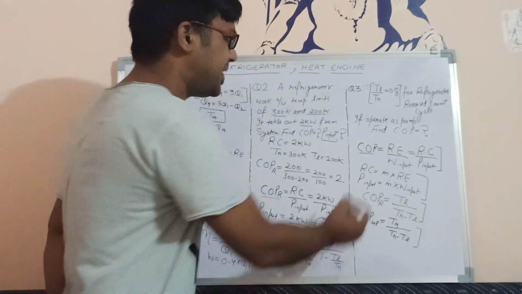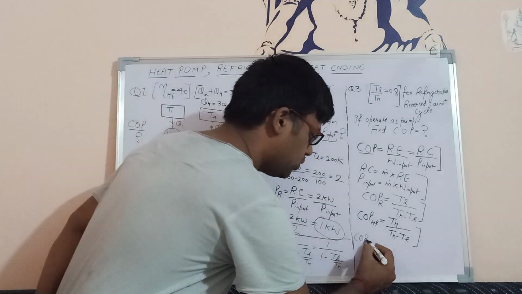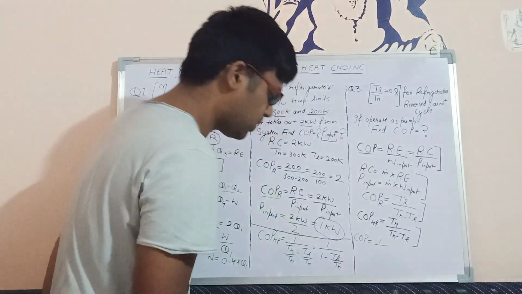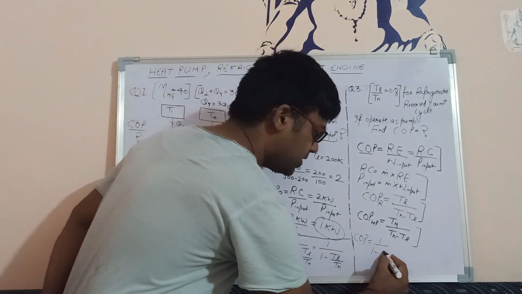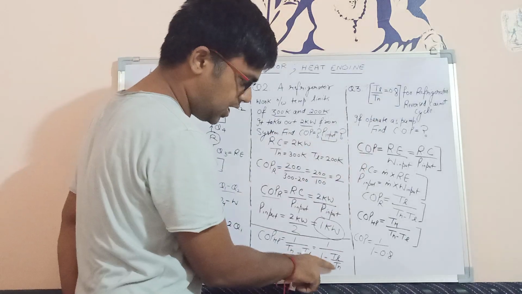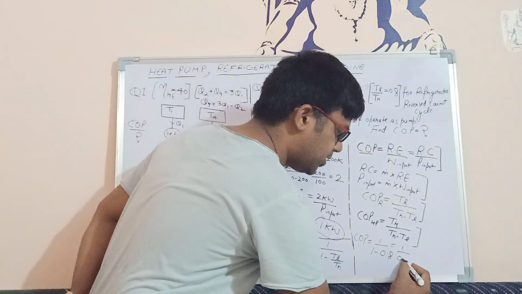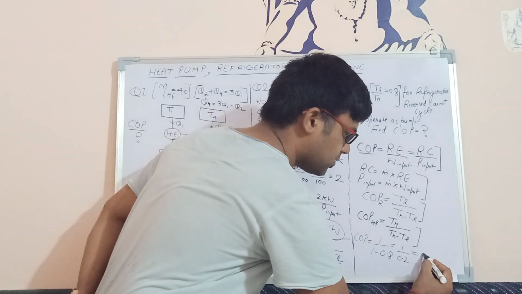The TL upon TH ratio is given, 0.8. So COP will be equal to 1 upon 1 minus 0.8, which is 1 upon 0.2, which gives us 5.